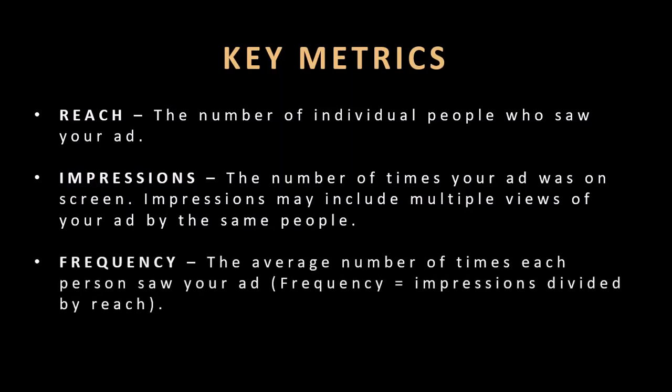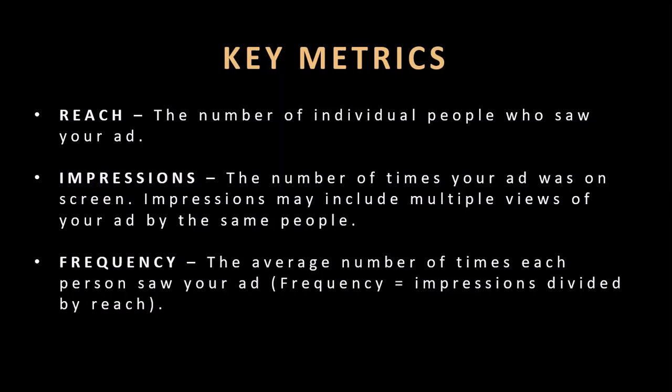Frequency, this is the average number of times each person saw your ad. Frequency equals impressions divided by your reach. So all these 3 metrics are all interlinked. You can actually always find out the number to one of these, even if you only had 2 of them, right?